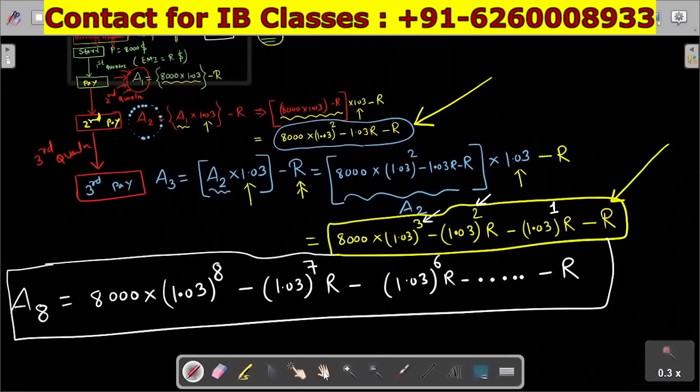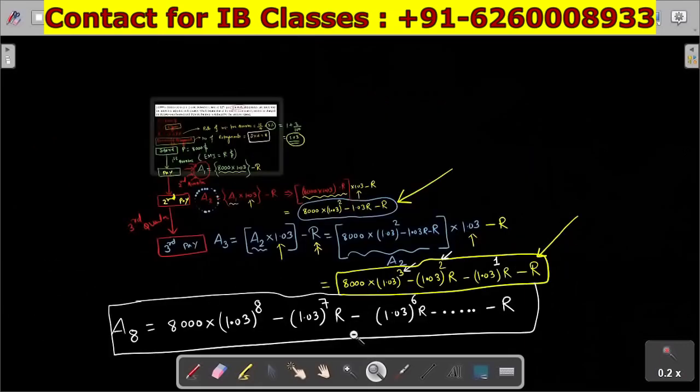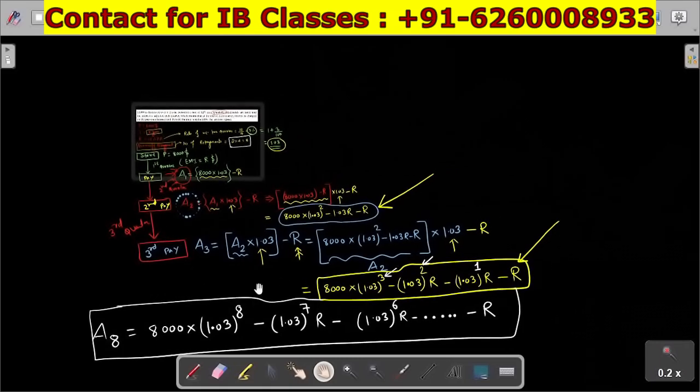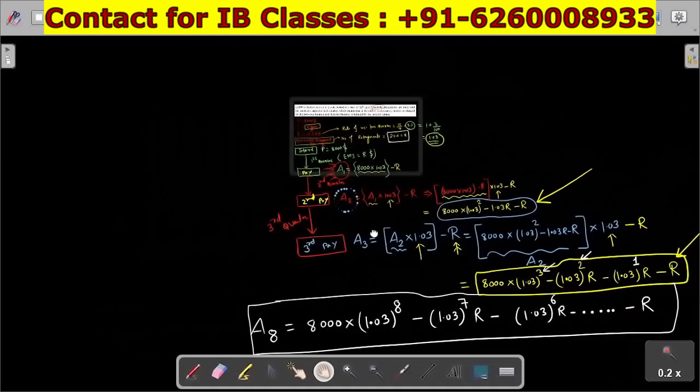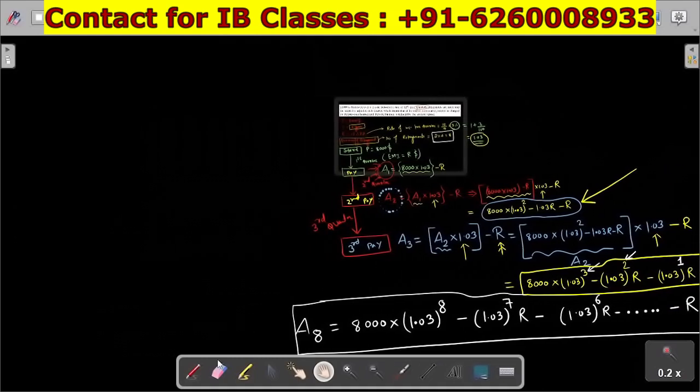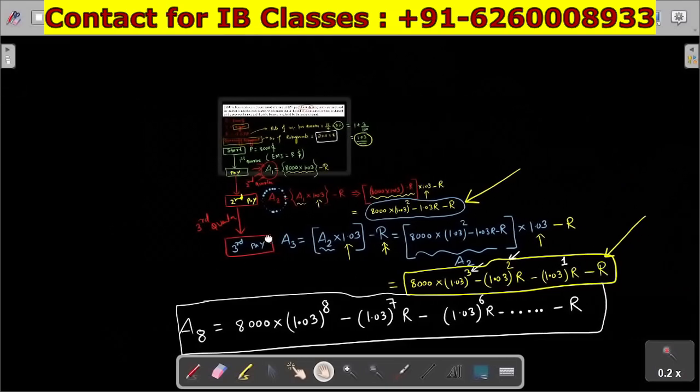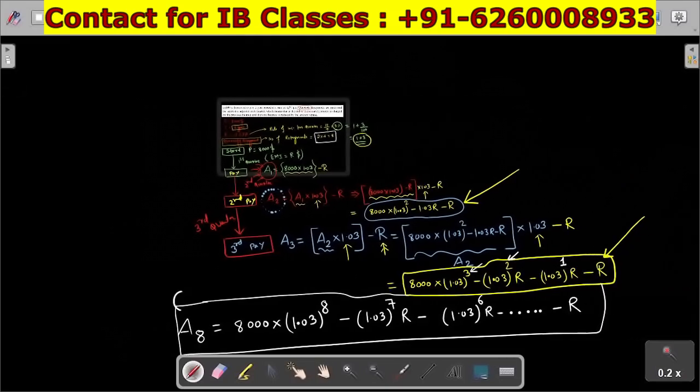I hope this is clear till now. According to the question, after 8 payments my loan should be cleared. So A8 must be equal to 0, and we can equate A8 to 0.